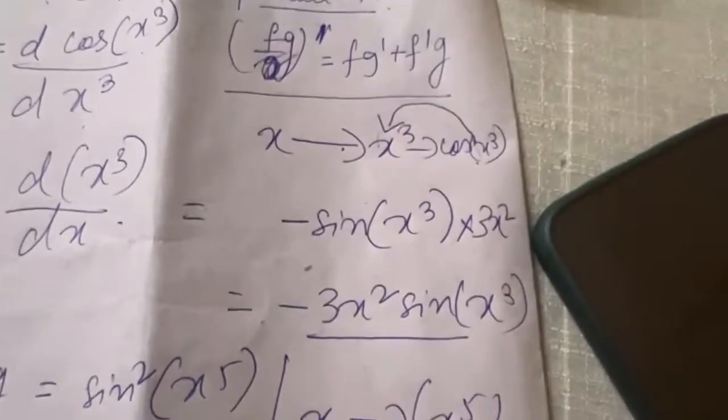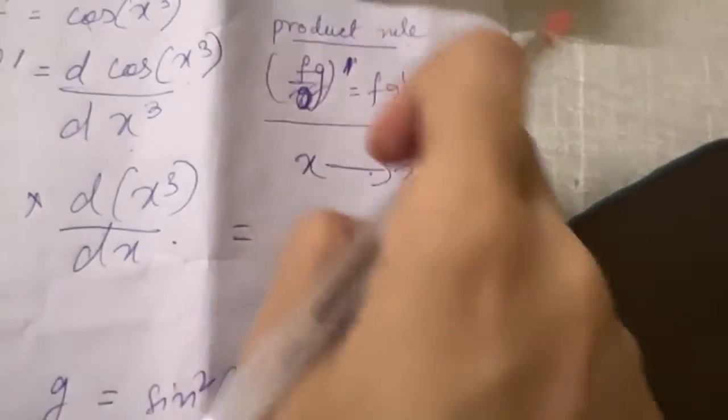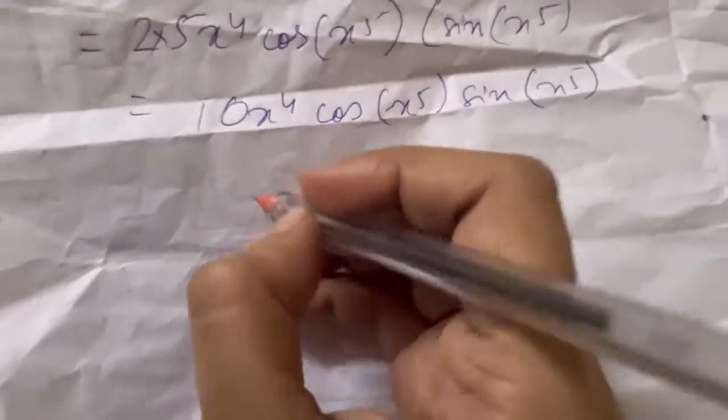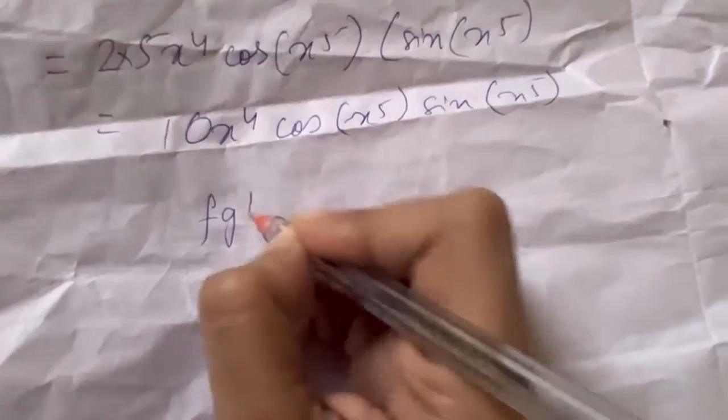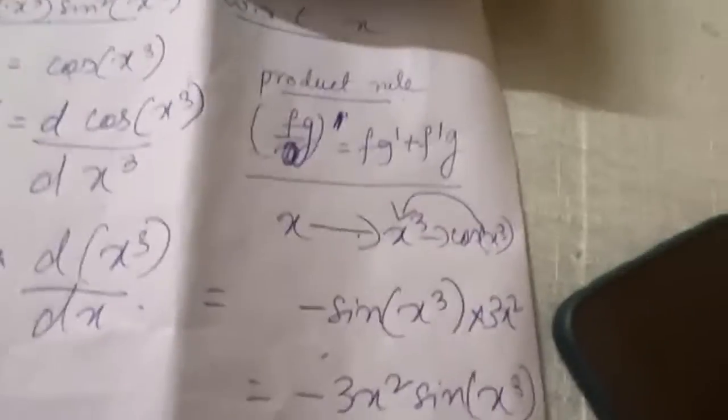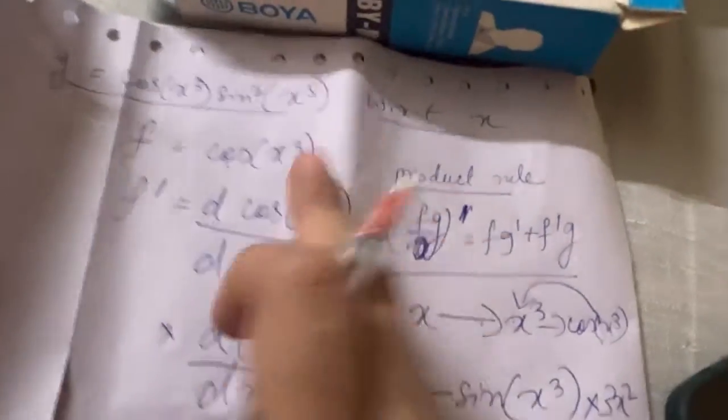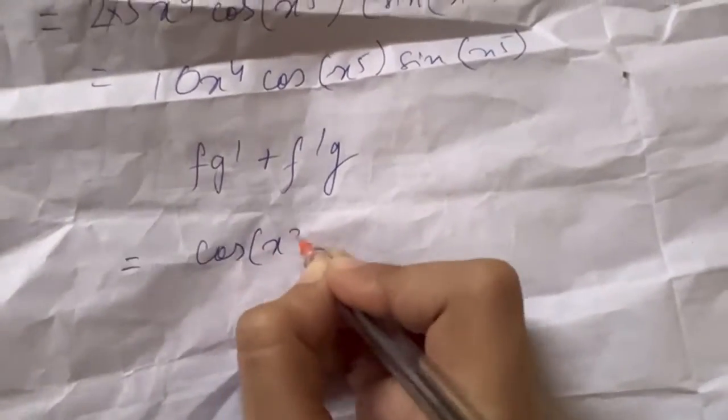So this is g dash, and now we are ready to use the product rule, f g dash plus f dash g. We'll directly write the value of f first. F is equal to cos x cube, so we are going to write this into g dash.